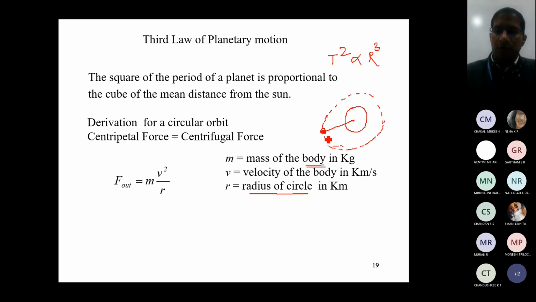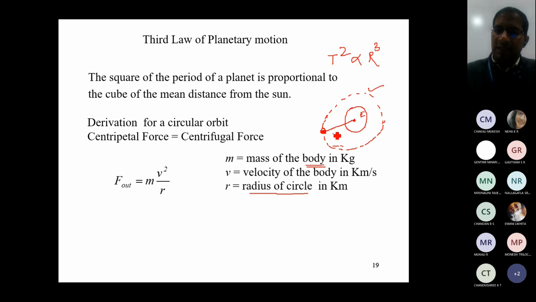So when I said radius r, it means the radius of this circle, that is, from the center point of the circle. If you notice, the center point of the circle also includes the center point of your Earth.